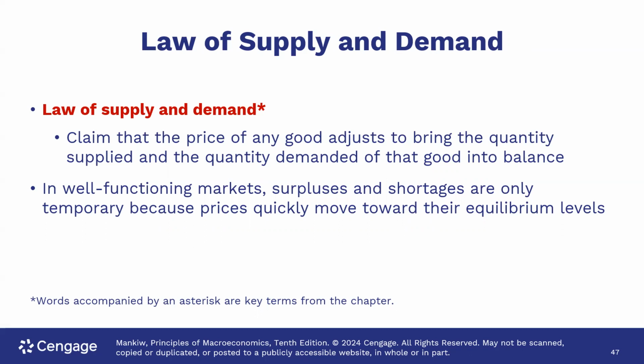As we talked about before, if there is a surplus, the price will go down. If there's a shortage, the price will go up, and all the price changes move toward the equilibrium price. So eventually, the market price will be exactly the equilibrium price.